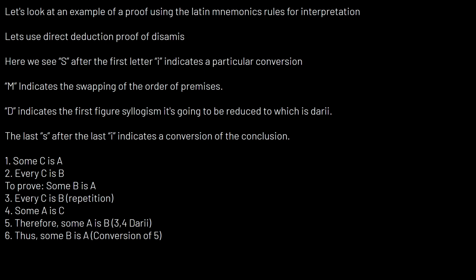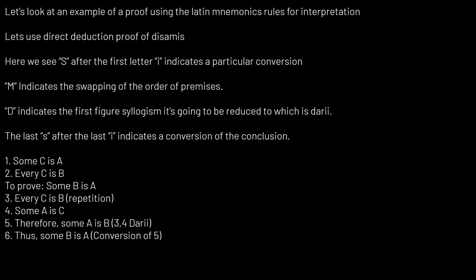Now, why do I have to swap the order of the premises? Because if I were to only go from, let's say, some A is C, then every C is B, that's not valid. Because notice how that's an indirect first figure. Now, note that some A is C, every C is B, is different from every C is B and some A is C. Why?